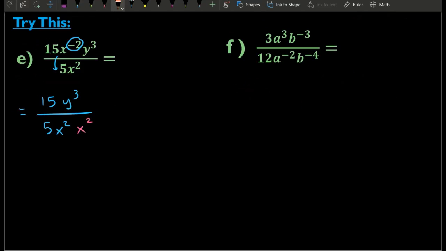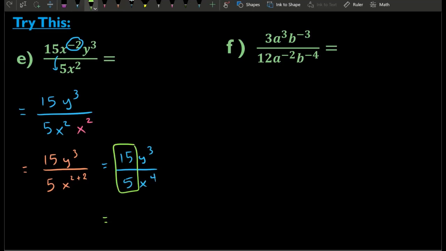Okay, then we will have 15 y to the 3rd power over 5 x squared times x squared. Plus 2, x squared plus 2, that will give you x to the 4th power. 15 y cubed over 5 x to the 4th power. And 15 divided by 5 will give you 3 on top, y to the 3rd power over x to the 4th.